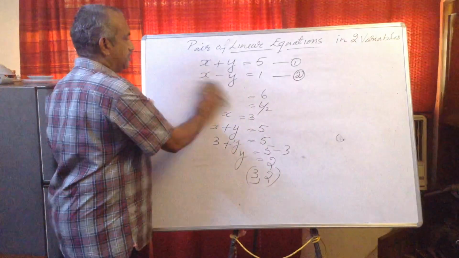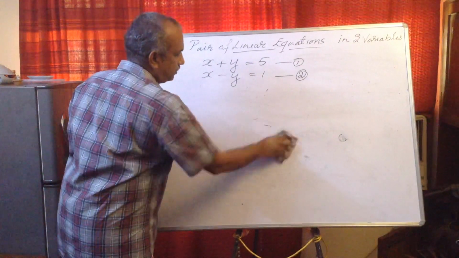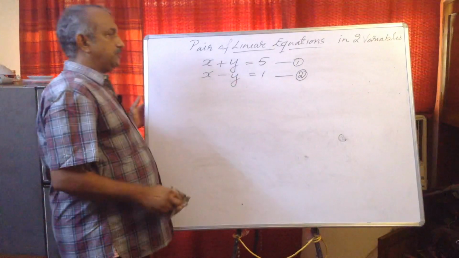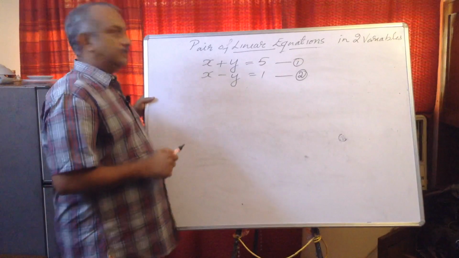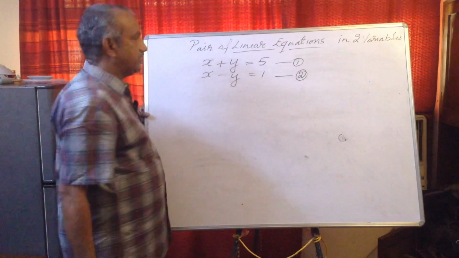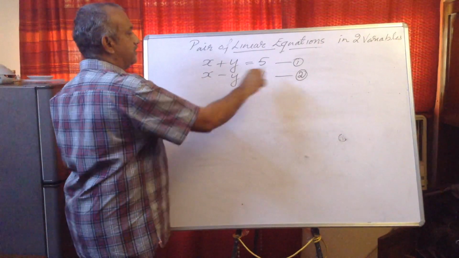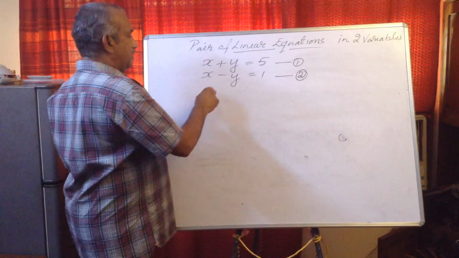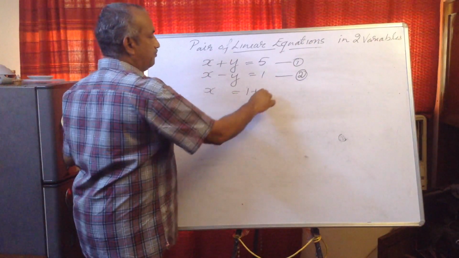Now third one is the substitution method. In this case, we will substitute any one of the equations in the other. So for example, I am going to substitute equation number 2 in equation number 1. So for that I am rewriting equation number 2: x minus y is equal to 1, x is equal to 1 plus y.